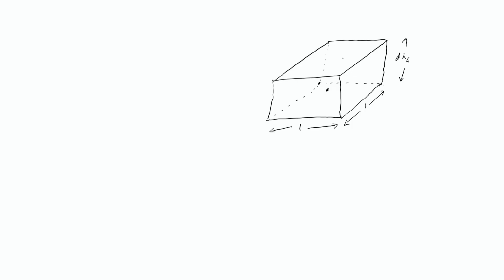Let us assume the pressure at the bottom surface is P, and since this property is a function of altitude, there will be a change in pressure at the top surface. Here the pressure will not be P, it will be P plus some change in pressure dP. In this direction we have increasing altitude hg.